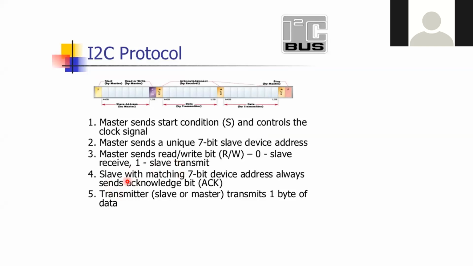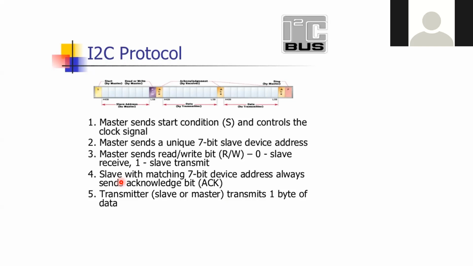After read or write, it checks whether my slave address matches the 7-bit device address. If both are the same, the slave will automatically send the acknowledgement bit to the master. Once the acknowledgement bit is received from the slave, the master will transmit the byte of data to the slave devices. So this is the procedure.